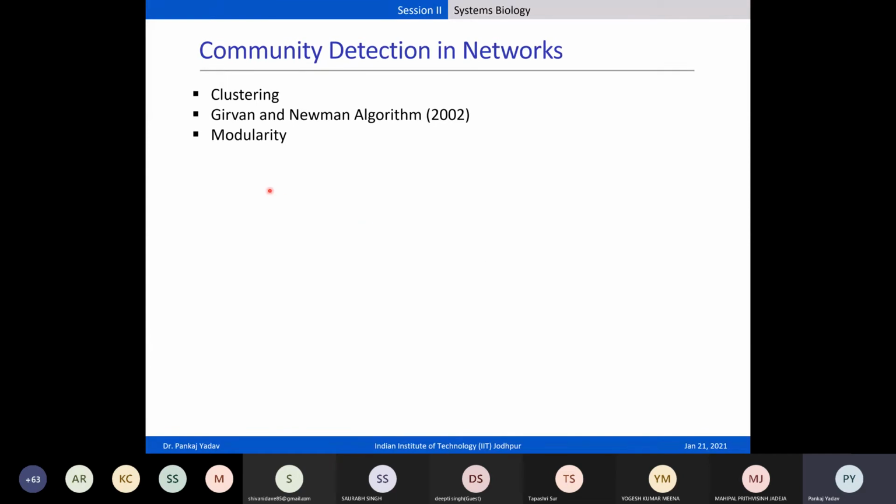They have been described very extensively by this time, and clustering and also the Girvan and Newman algorithm is more popular in biological networks, and I have already talked about these algorithms in terms of betweenness centrality. And there are also modularity algorithms that are available. So what is modularity?